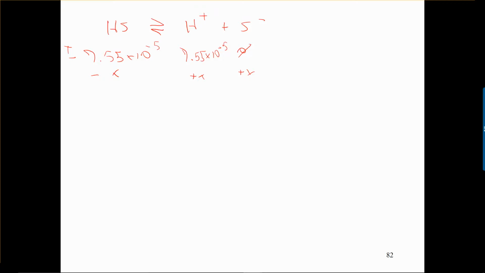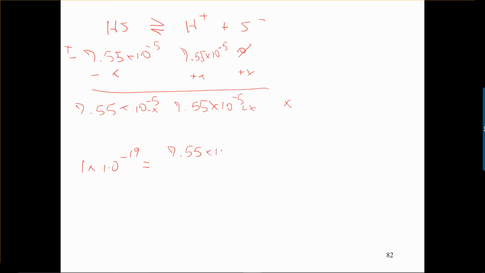Yes, now we're going to use K2. That's right. Okay? So, now in this situation, we have 7.55 times 10 to the negative 5 plus x, and 7.55 times 10 to the negative 5 minus x, and then we have x. So 1 times 10 to the negative 19 equals 7.55 times 10 to the negative 5 plus x, but we're going to drop that because it's insignificant.